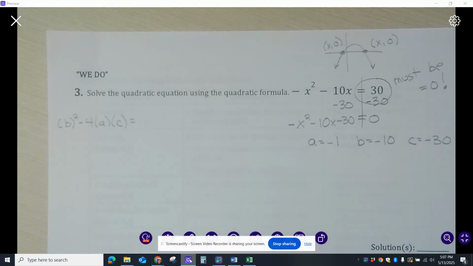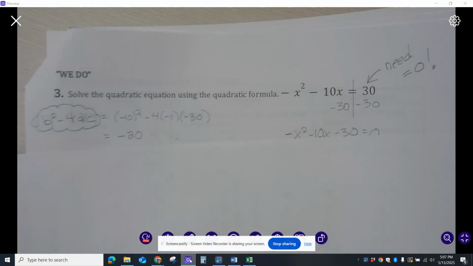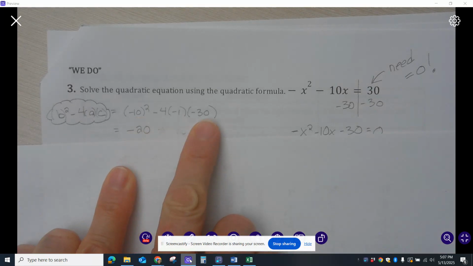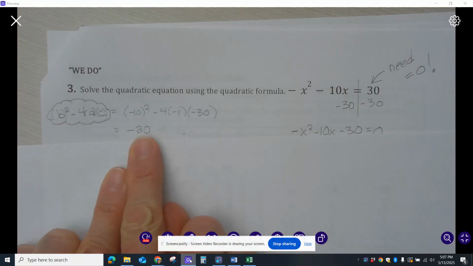Substitute in the values there and find your discriminant. Hopefully you have done that, or perhaps you paused the video to do that. Ta-da! Here's a little magic for you. This is what you should have put in your calculator, and you should have gotten negative 20.